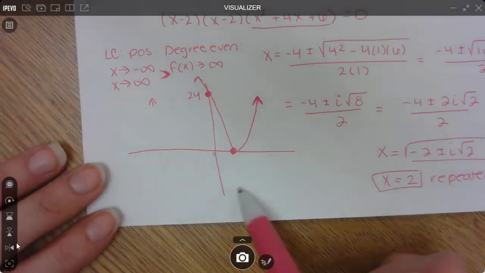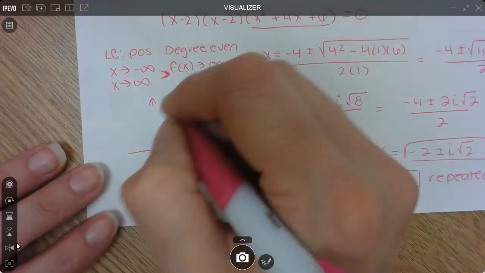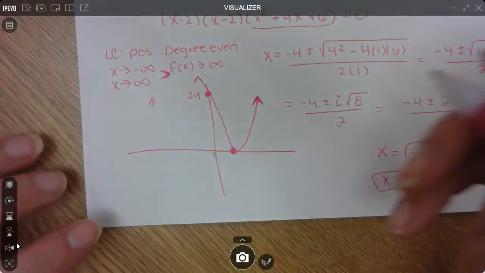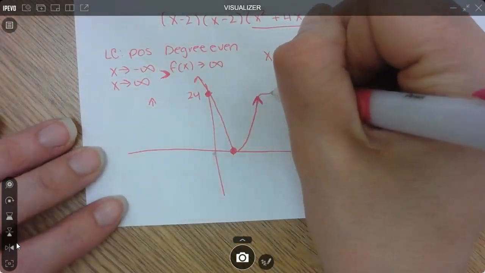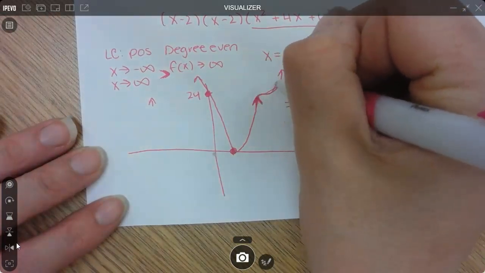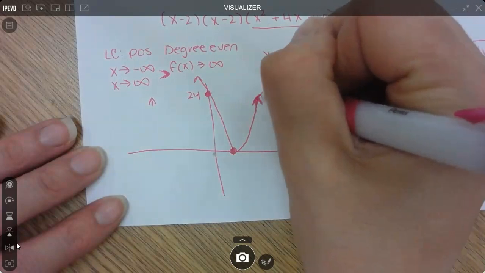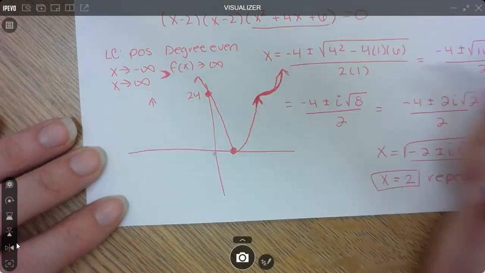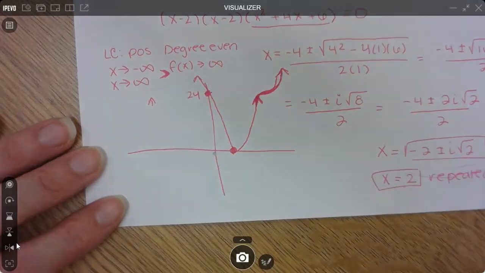Somewhere in here, it's probably going to have another little bump. So maybe here it goes up and then continues again. That would be where your repeated roots are occurring, as well as the complex roots.